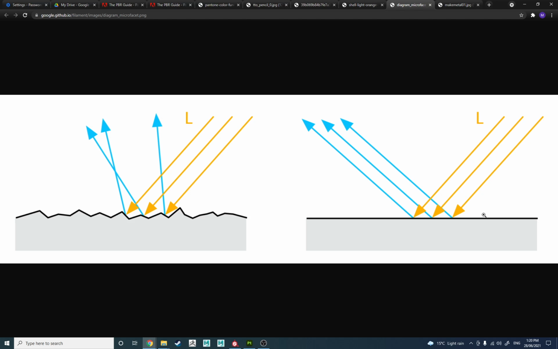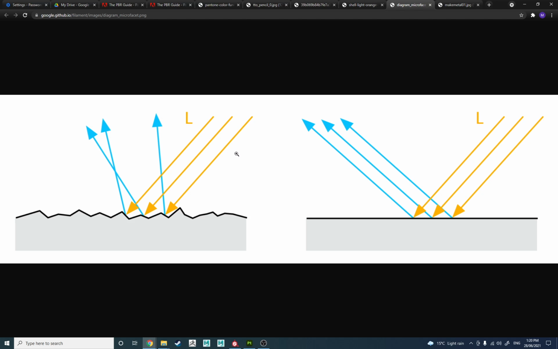Imagine we're very, very close up to a surface, maybe something metallic. Light will hit that metallic surface and bounce off pretty uniformly, because a metal is generally very smooth at a microscopic level.